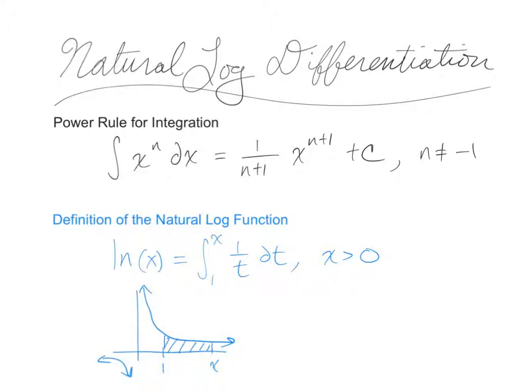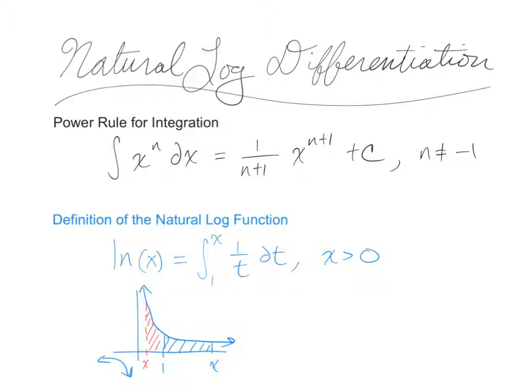When you put x on the other side, maybe right here, this integral still holds. It is still from 1 to x, but now we're going to the left. And anytime you go to the left, you are finding a negative area.